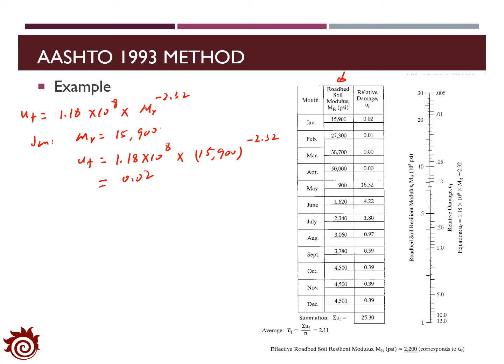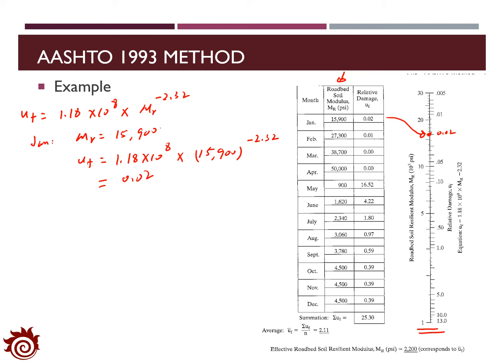You can also use the figure on the right to find out the value of UF. With that, you will find the point here, which is for January, and the relative damage is 0.02 as shown in the scale on the right.